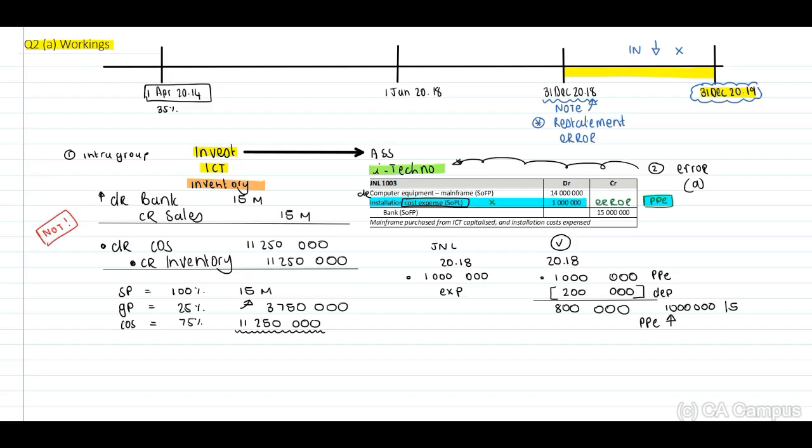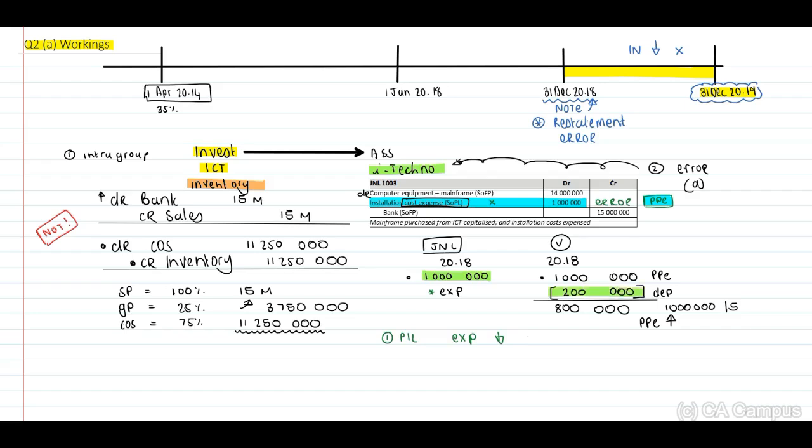Now, if we want to correct this scenario, think about this. If we want to correct the scenario, first, let's have a look at what is the effect on our profit and loss. Our profit and loss in terms of the expenses, our expenses should now decrease with how much? With this 1 million minus the 800,000.